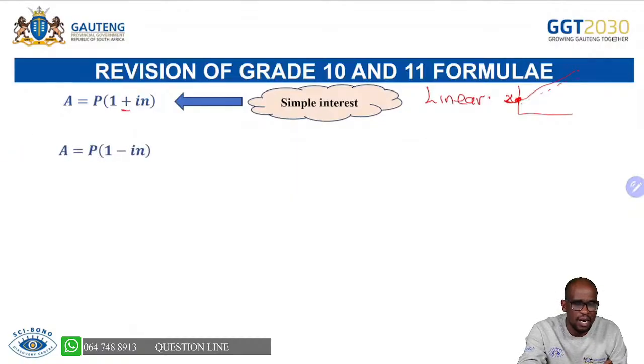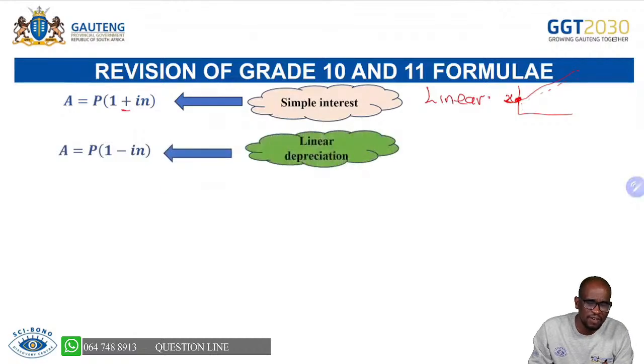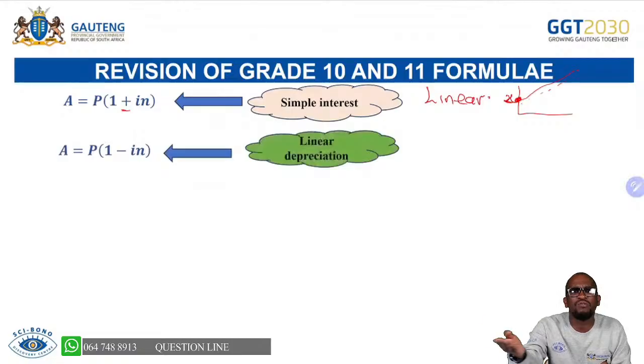The next formula represents linear depreciation. That is, the money that you have there is reducing, just like your cell phone. If you buy a cell phone now and want to sell it later, together with a car and furniture, the value decreases.